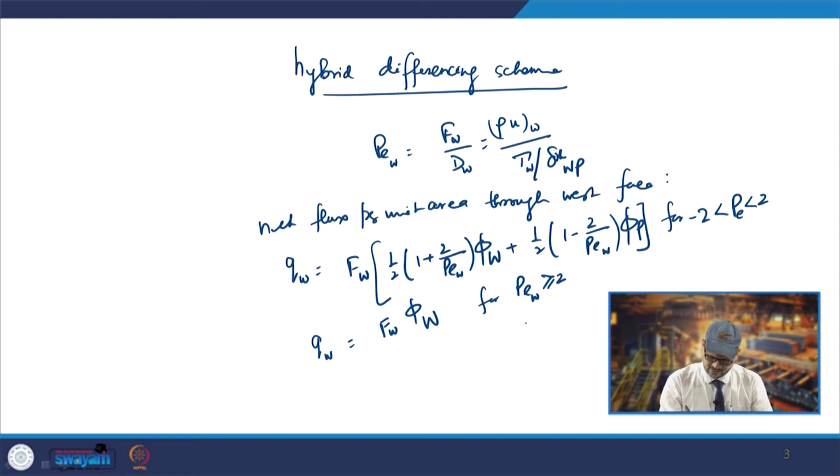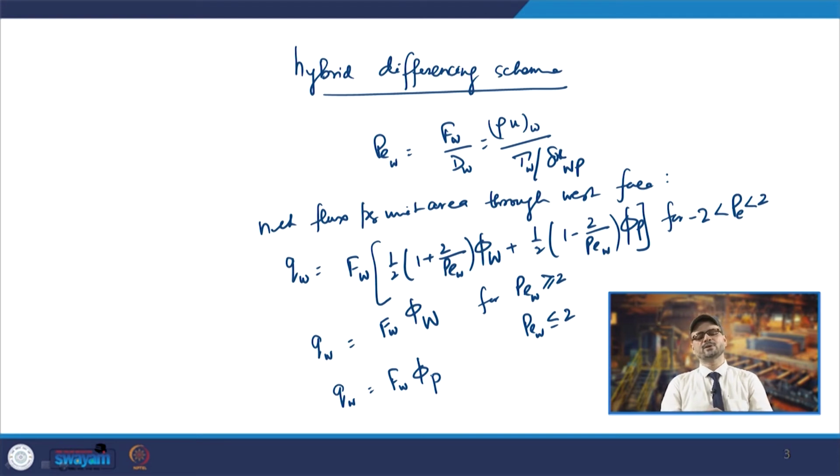And if the Peclet number is less than 2, in fact, in that case what you see is that q w will be F w into phi P. So, that is the extreme node when we see the flow in the opposite direction. So, that way your F P will come.